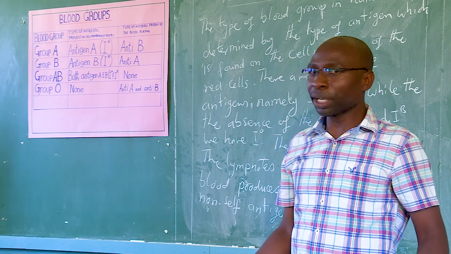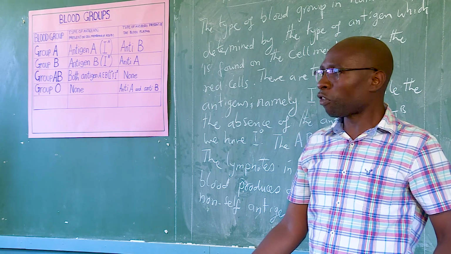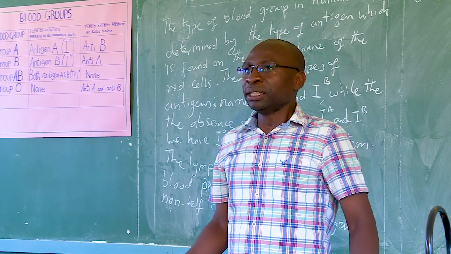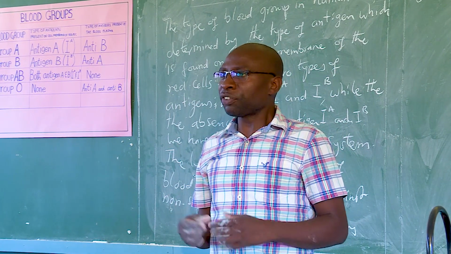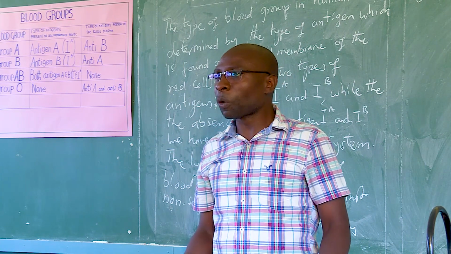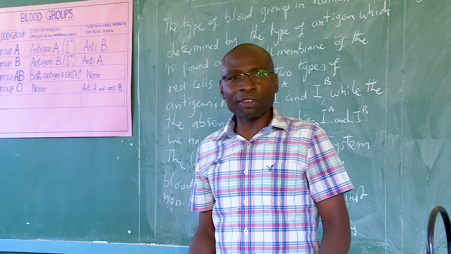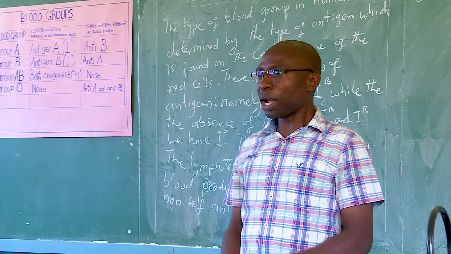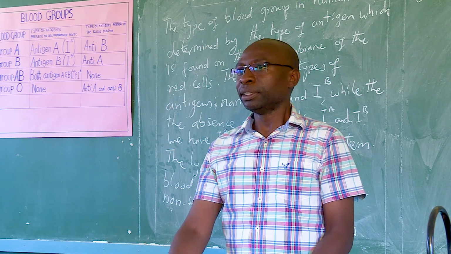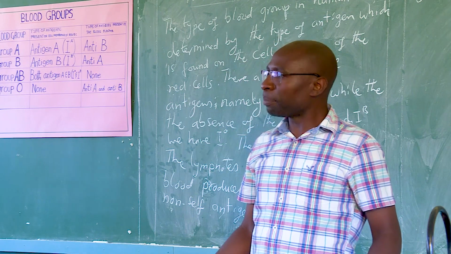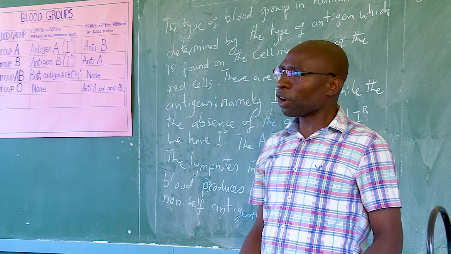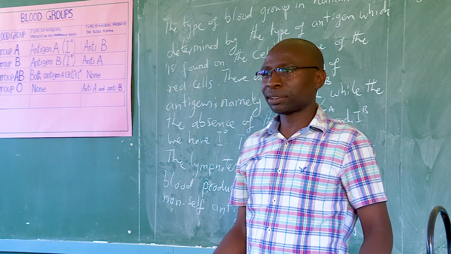So if there is a shortfall of blood in the body, it means the transfer of oxygen and nutrients is going to be affected. Therefore, what should be done in such a case where the amount of blood in the body of a human being has fallen below what is required?